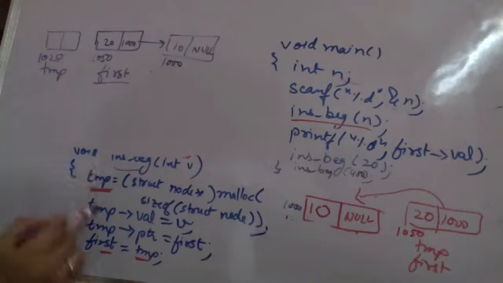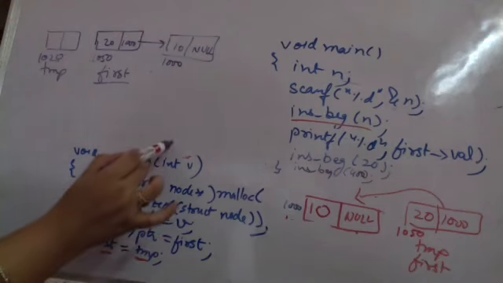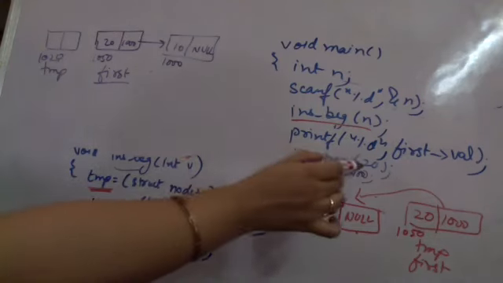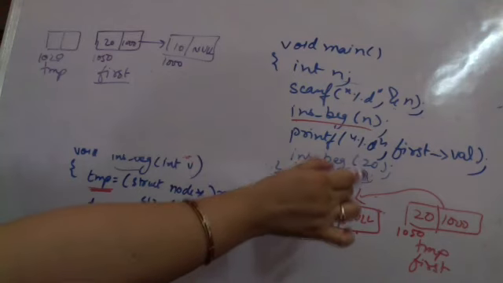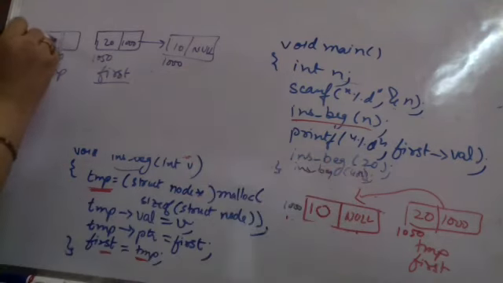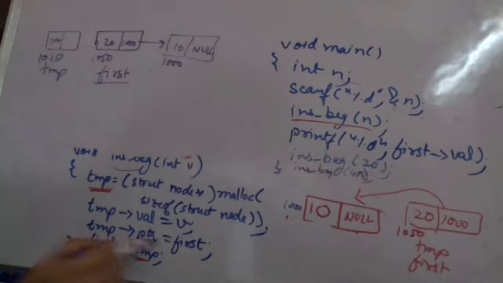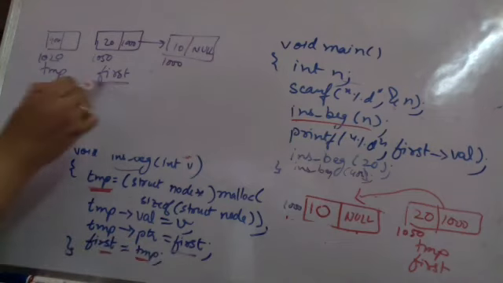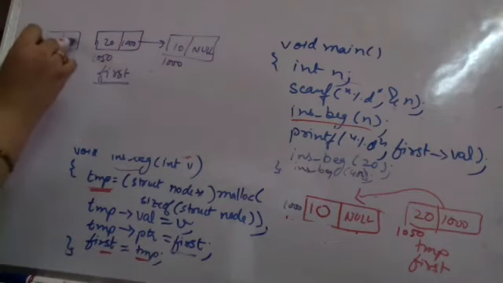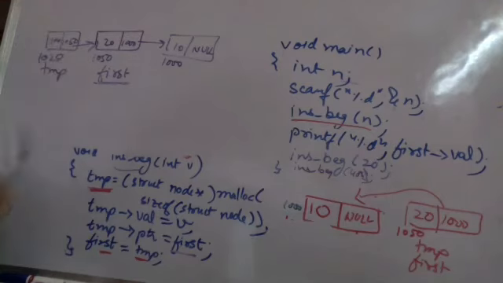Now temp value is equal to V, which in this case is 400. So this value 400 is copied here. And temp pointer is pointing to first. This is first. So now temp pointer is pointing to first, and first is equal to temp. So now this is not first, this becomes my first.